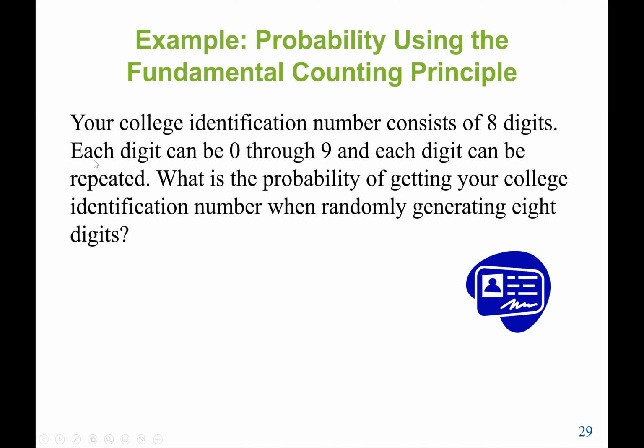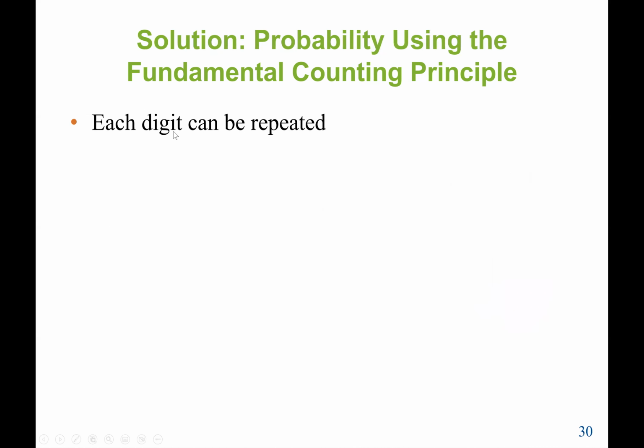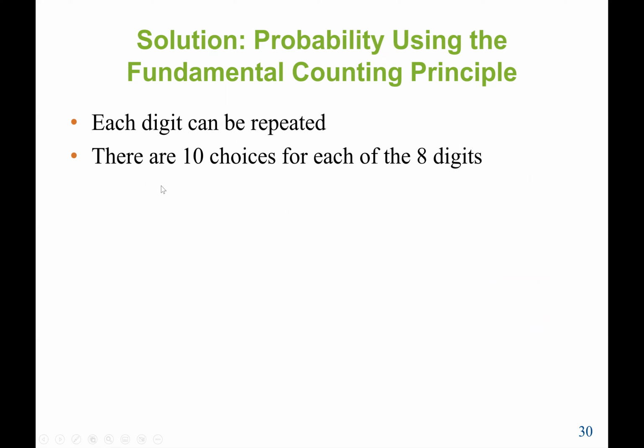Now, here we say that each digit can be from 0 through 9, and we want to generate 8. And also, we can repeat each digit. So each digit can be repeated, and we have 10 choices for each of the 8 digits, because from 0 to 9, again, is 10.